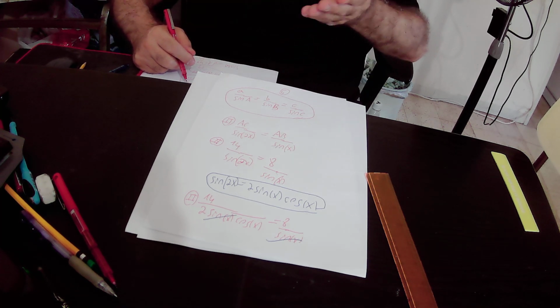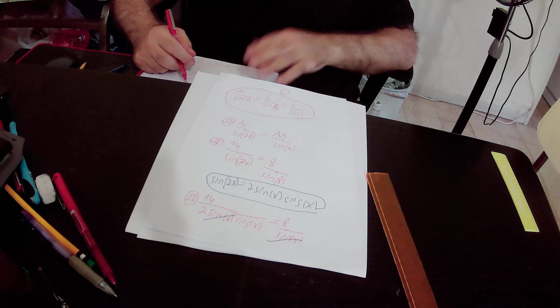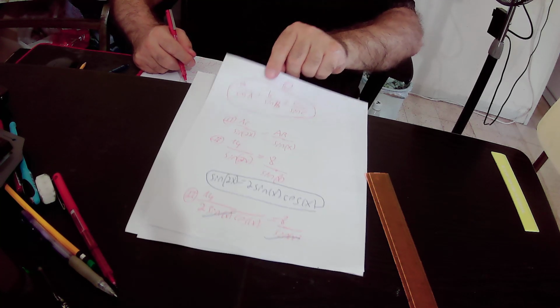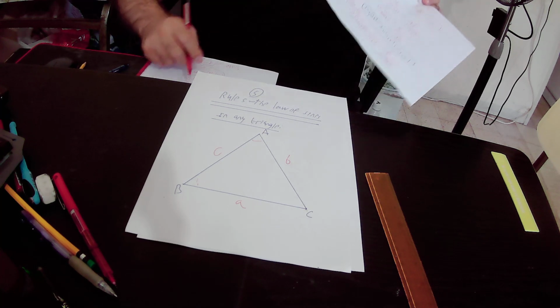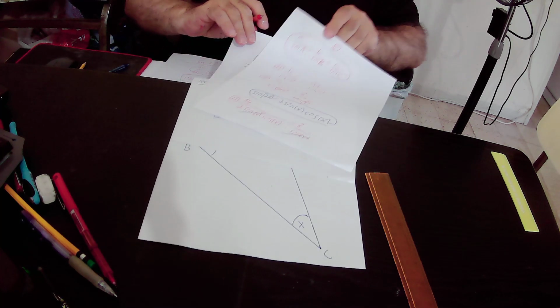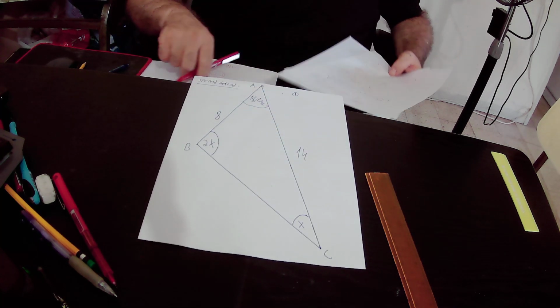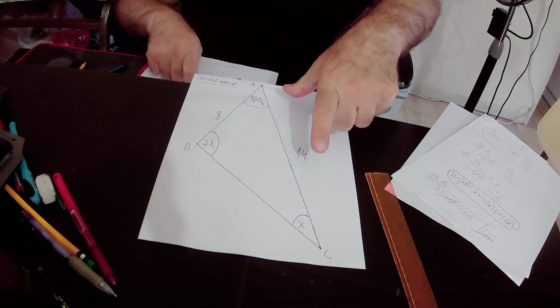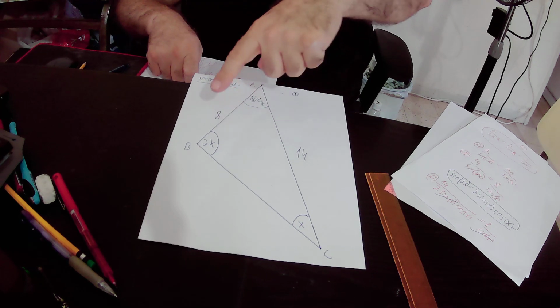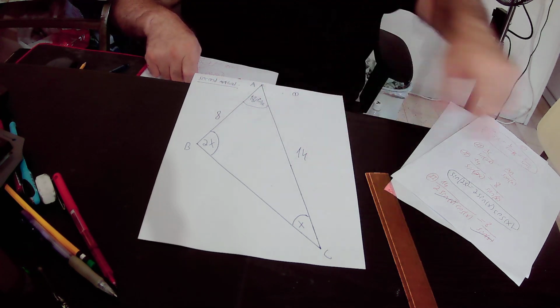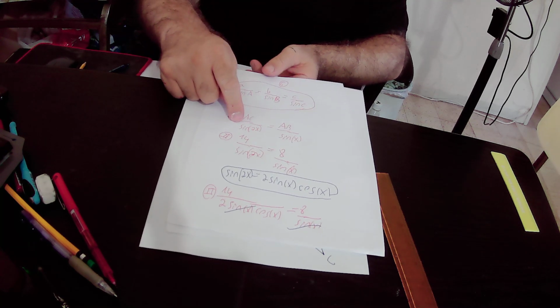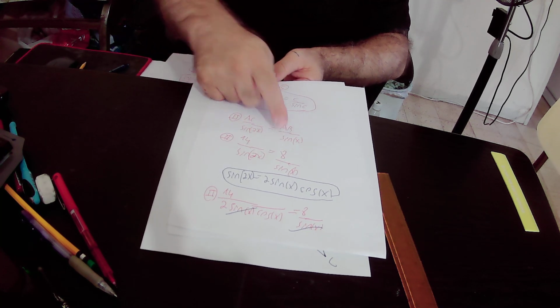So we can implement the law of sines in our triangle ABC. According to the law of sines, AC over sine 2x will be equal to AB over sine x.